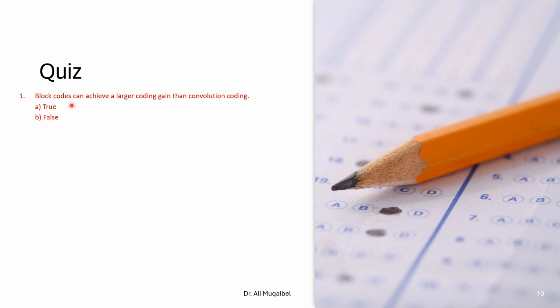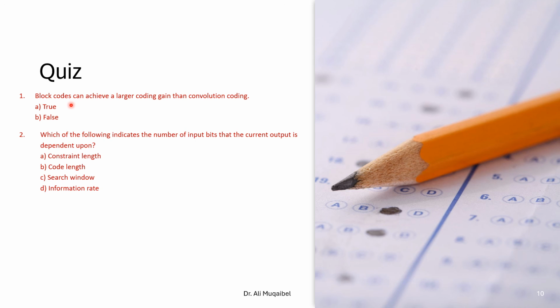The second question is, which of the following indicates the number of input bits that the current output is dependent upon? So the current output will depend on how many inputs? This is determined by the constraint length, code length, search window, or information rate. Think, and then indicate your answer in the comment section.